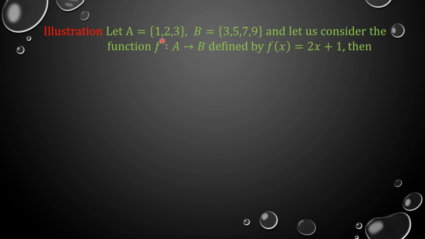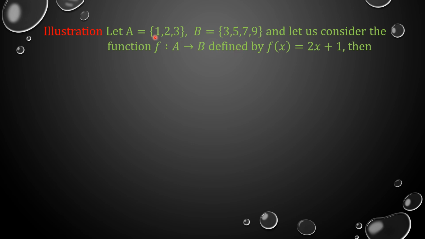If you use these elements as the value of x, say let us take 1, then f(1) will be equal to 3. So the image of 1 is 3. If you take 2, then f(2) is equal to 5. So the image of 2 is 5. If you take 3, then it is 7. So the image of 3 is 7.